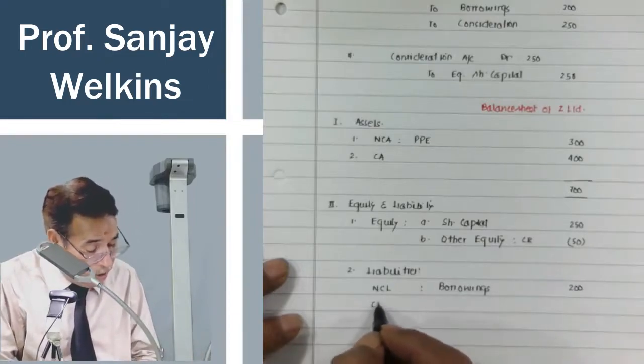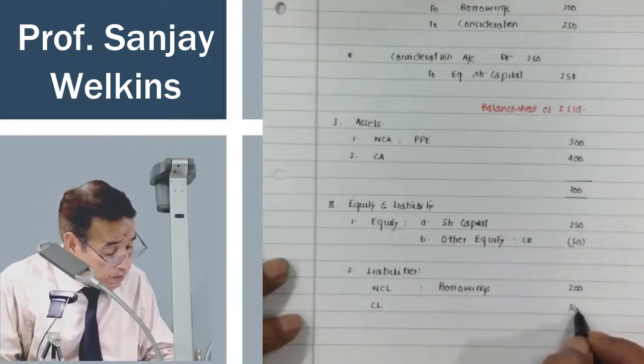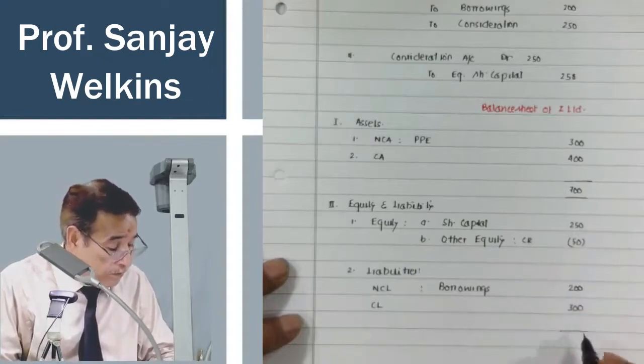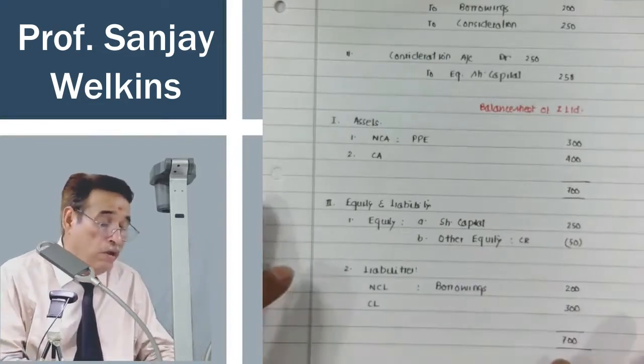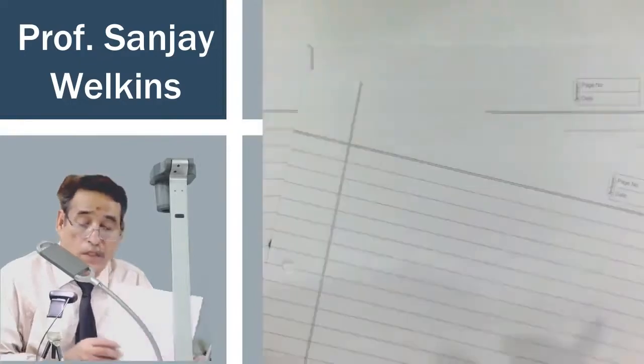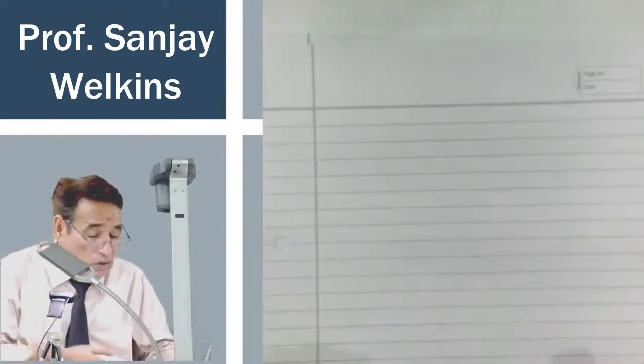And then you have taken over current liability to the extent of 300. 500, 750 minus 50, 700. So this is how the balance sheet of Z Limited will look like. So this is your question number 3.1. I told you that you could have managed this question on your own.